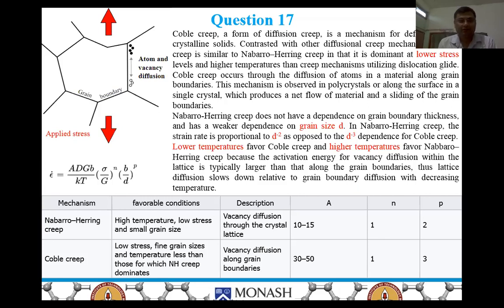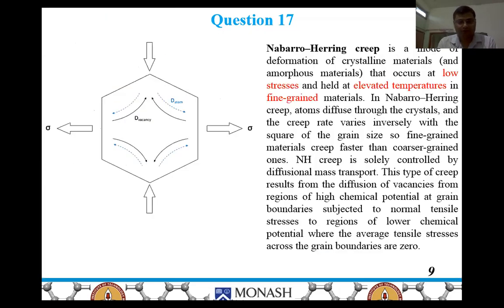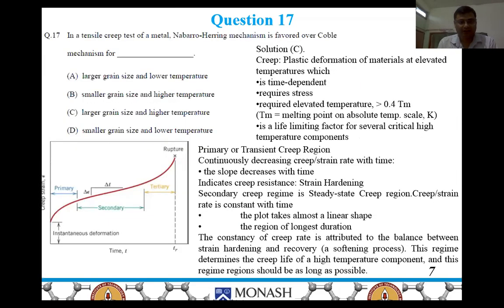So in Nabarro-Herring creep, the grain size is slightly larger compared to Coble creep. So the correct answer is C. Nabarro-Herring creep mechanism is favored over Coble creep mechanism for larger grain size and higher temperature.